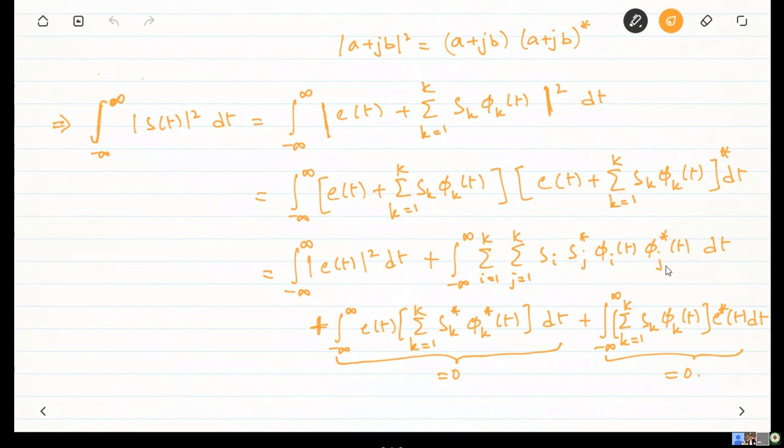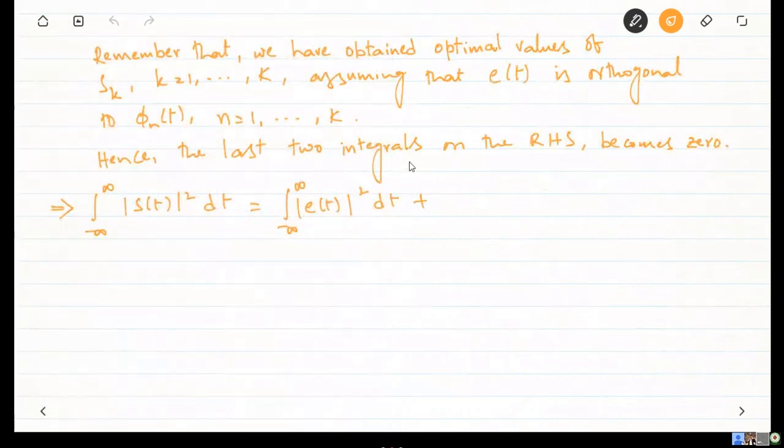So if you do a little bit of algebra here, this plus summation k equal to 1 to capital K, so this is what we get.